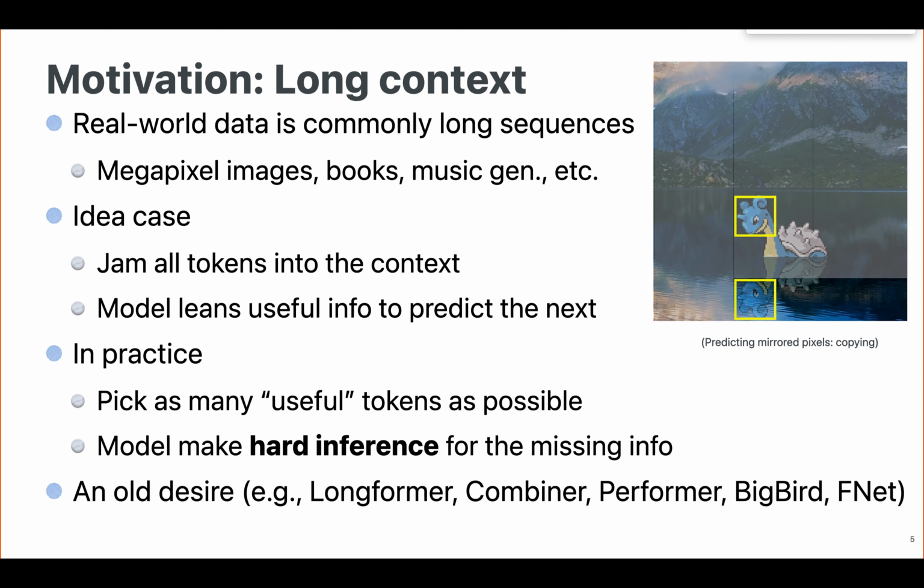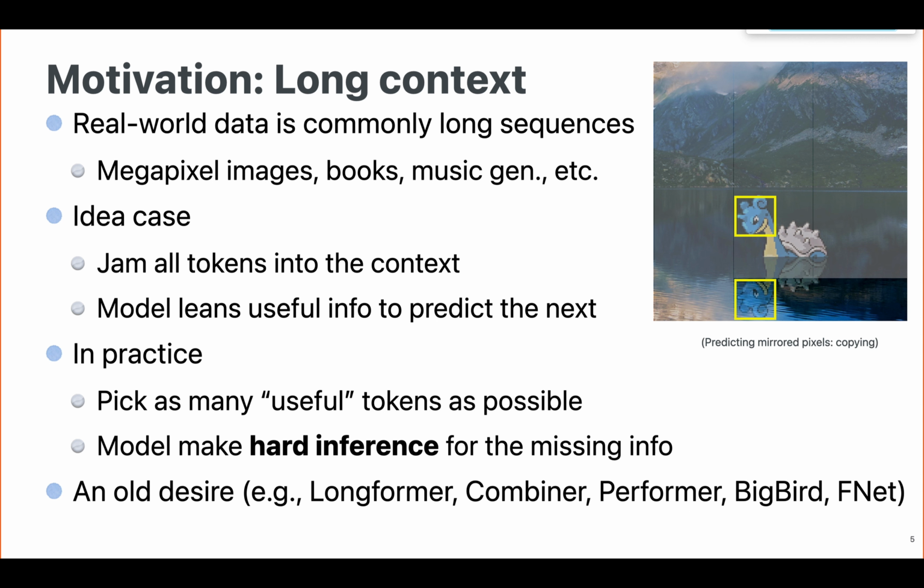Another thing I'd like to get straight is long context, right? Why do we need millions or thousands of tokens to fit into our context? I always like to pull up this example. In this image, I would like to predict the token at this position, this Pokemon hat.